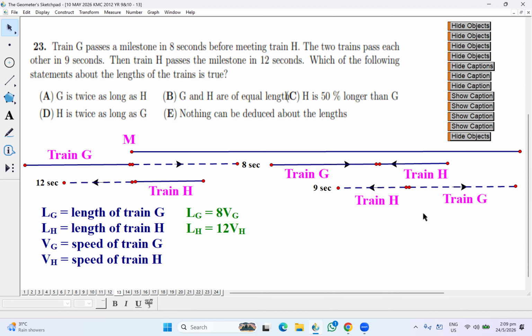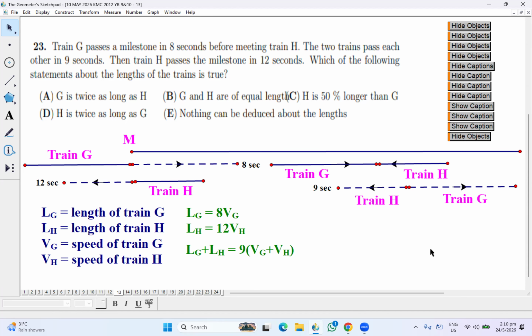VG plus VH times the time equals the total length of the two trains. Total length, LG plus LH. Speed times 9 seconds is the length traversed in the time 9.